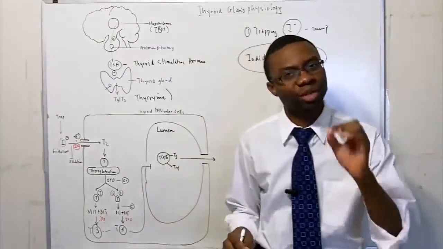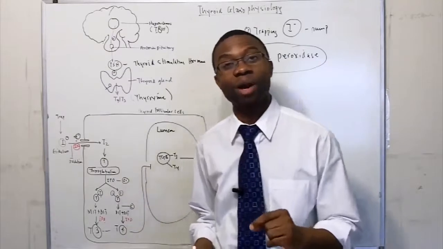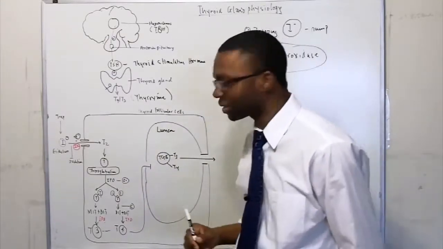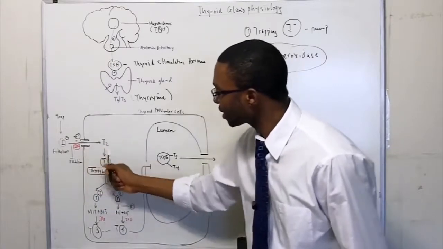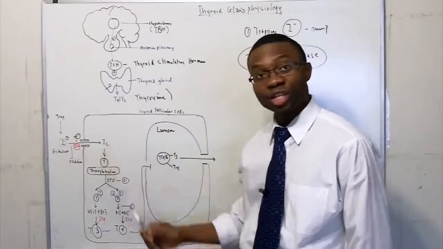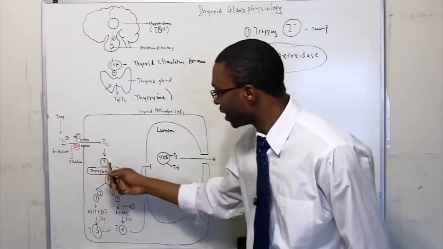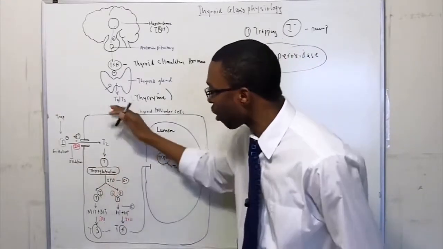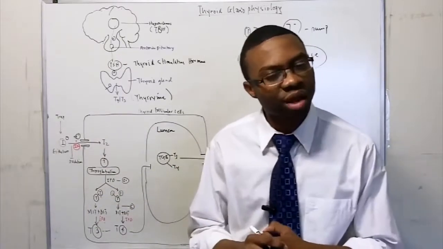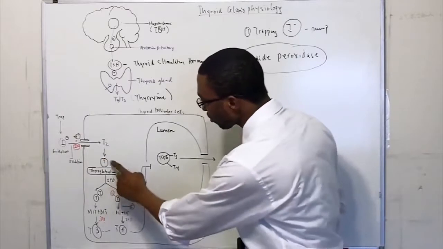Because at the end of this lecture, I'm going to throw in a little bit of clinical pharmacology so you can see why it's so important, because we're going to be talking a lot about this enzyme. Once we have the oxidized I2, this is all happening in the what? In the cell membrane of the thyroid follicles.